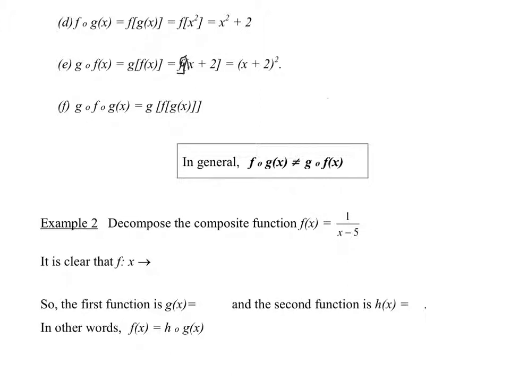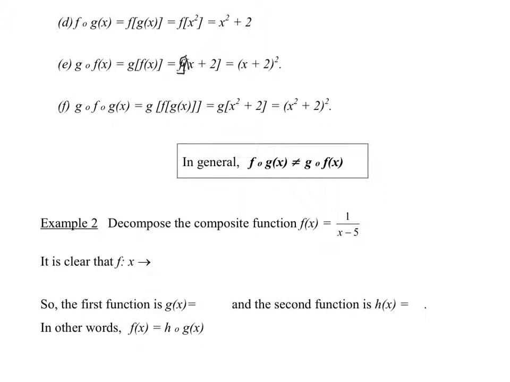So we're going to replace this g of x here with x squared in the next part. So we're going to have g of x squared plus 2, because the f then adds 2 to the x squared. And then this g again is going to be squaring the x squared plus 2. So when we do that, we should get this.